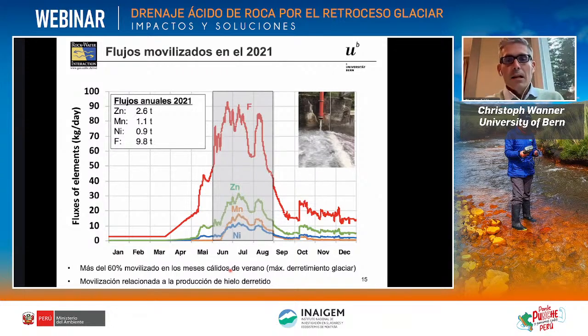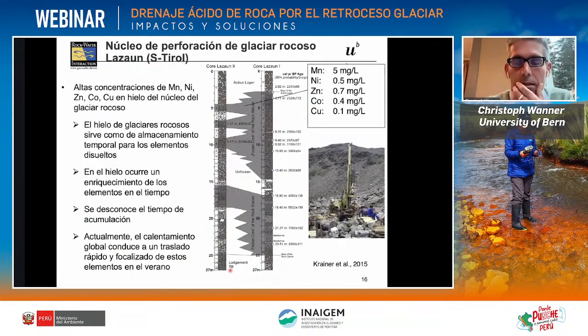And this is actually confirmed. So this kind of implies that these solutes must be interimly stored in the rock glacier and then mobilized together with the ice melt.